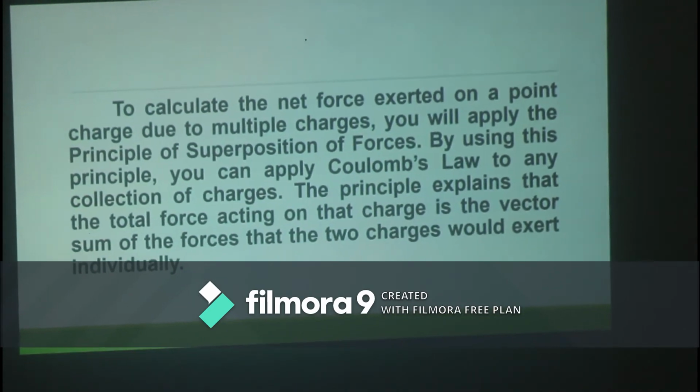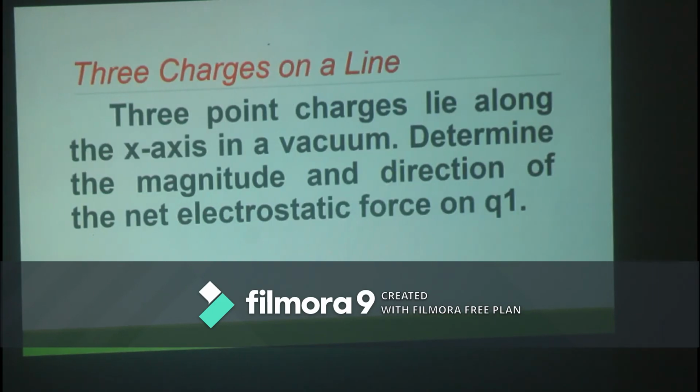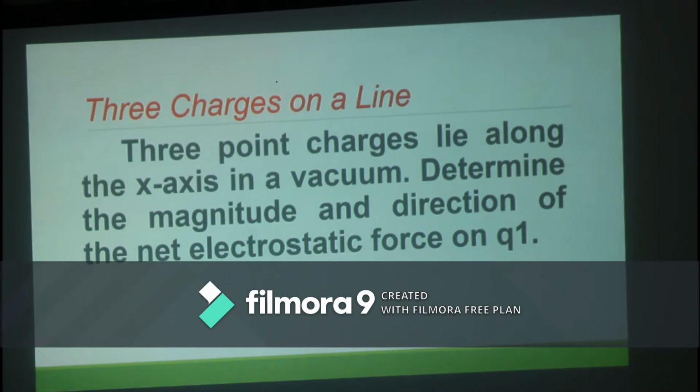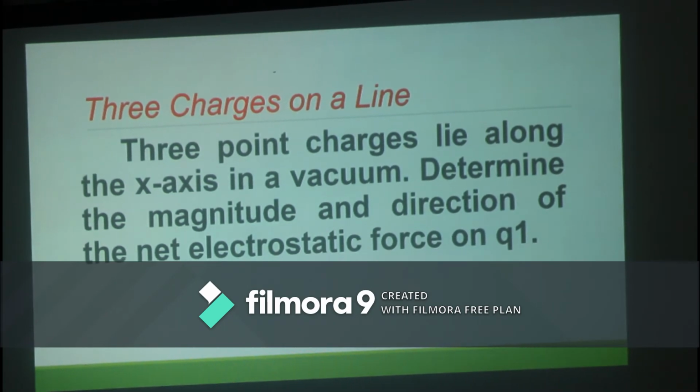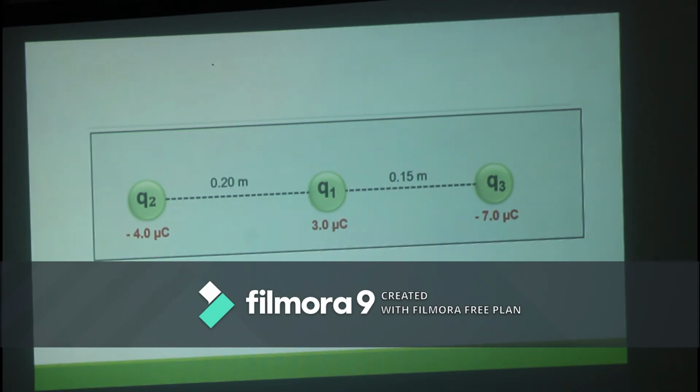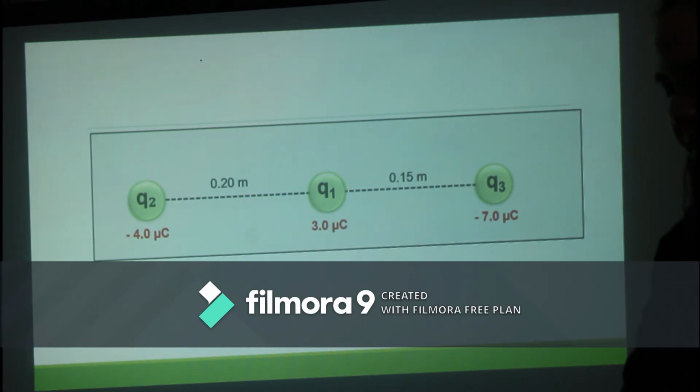Okay, so going back to our problem number 2 in our activity, the problem on the 3 charges on the line. So we've seen here that we have 3 charges along the x-axis, and we are asked to compute for the magnitude of the force experienced by charge number 1.